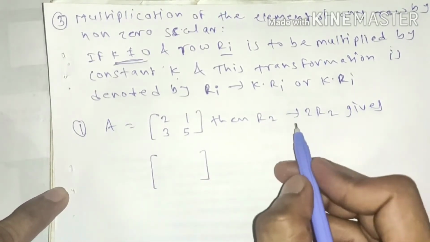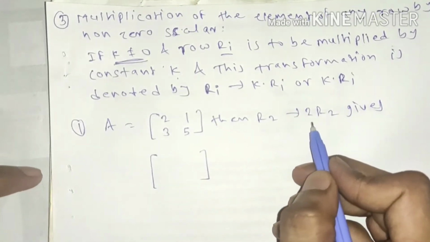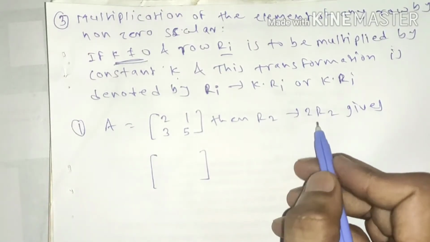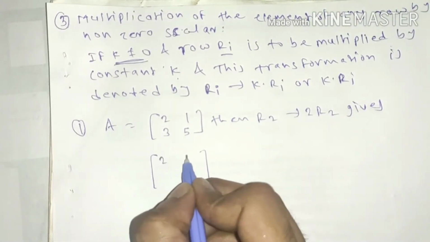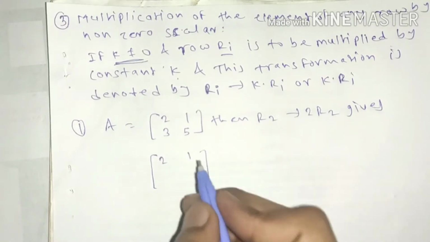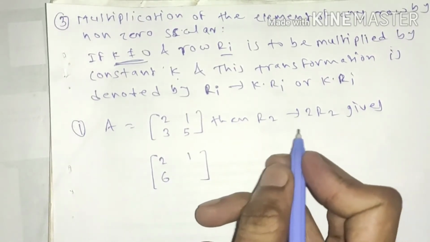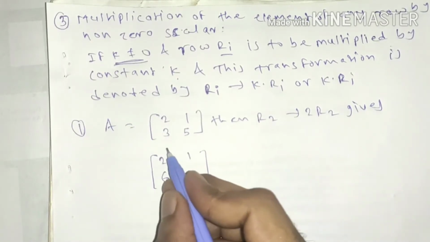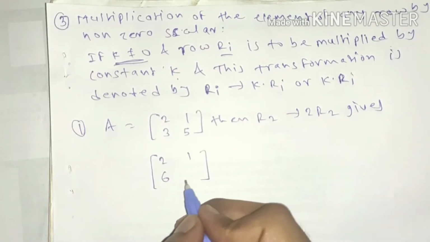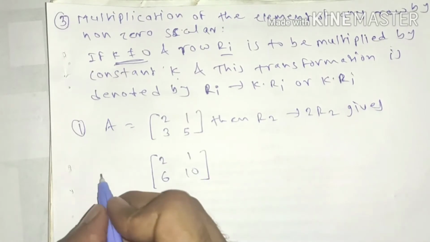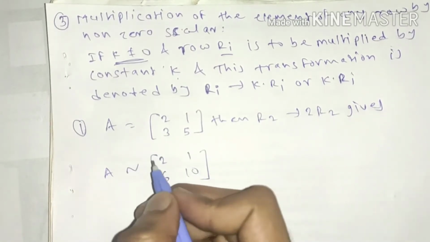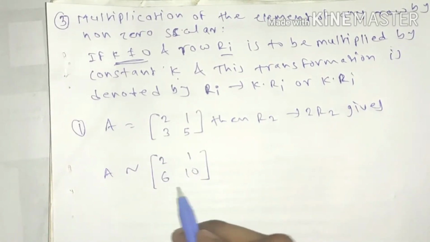So here we multiply the second row by non-zero scalar 2. So the first row is the same, that is 2 1, and we multiply the second row by 2, that is multiply every element of the second row by 2. 3 into 2 is 6 and 5 into 2 is 10. So we say A is equivalent to the new matrix [2 1; 6 10].